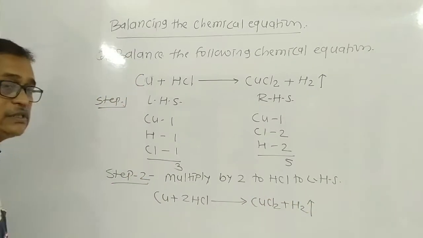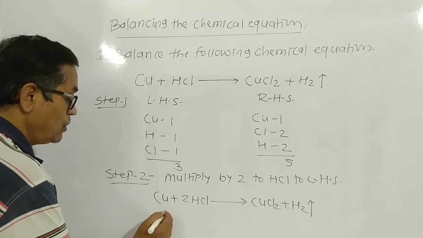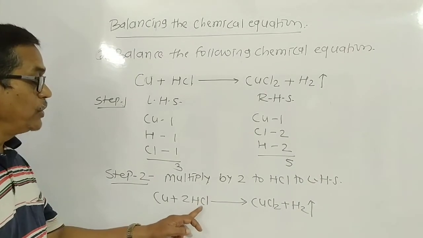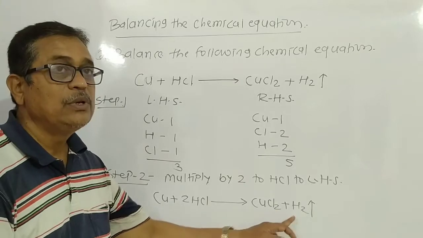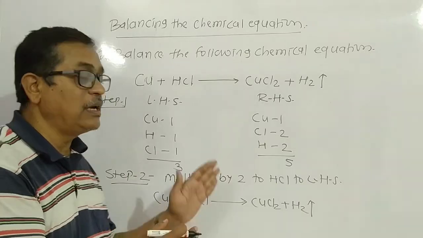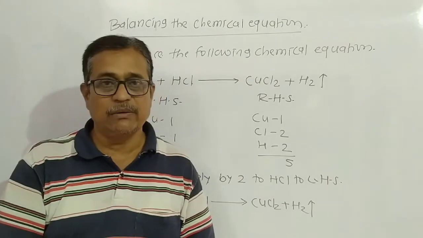Then this equation is balanced. Look here: on the LHS, copper 1, hydrogen 2, chlorine 2. On the RHS, copper 1, chlorine 2, hydrogen 2. It means the total number of atoms on the LHS and RHS are the same. Hence this equation is called a balanced chemical equation.